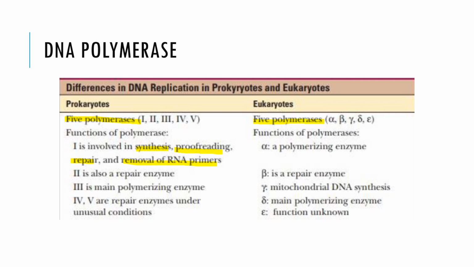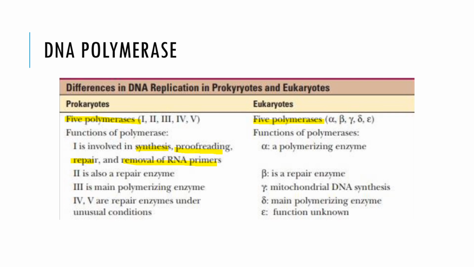DNA polymerase can work with either the DNA primer or RNA primer. It doesn't matter what kind of primer is present. The primer is synthesized by polymerase 1 in case of prokaryotes, and after the completion of the DNA replication, the primer is removed also by polymerase 1.